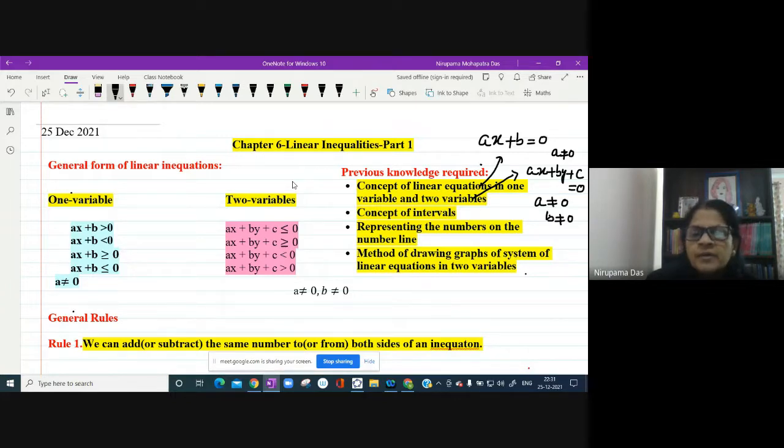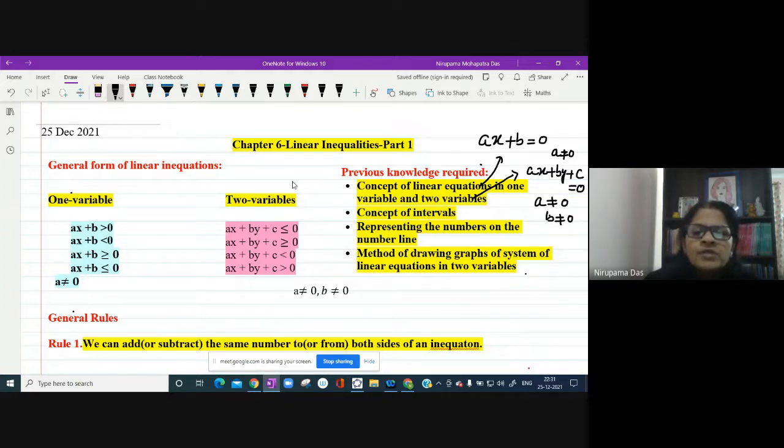Similarly, if b equal to 0 and a not equal to 0, the equation becomes ax plus c equal to 0, again a linear equation in one variable. If a is 0 and b is 0, then you have c equal to 0, so practically you don't have an equation. That's why a and b should not be 0.